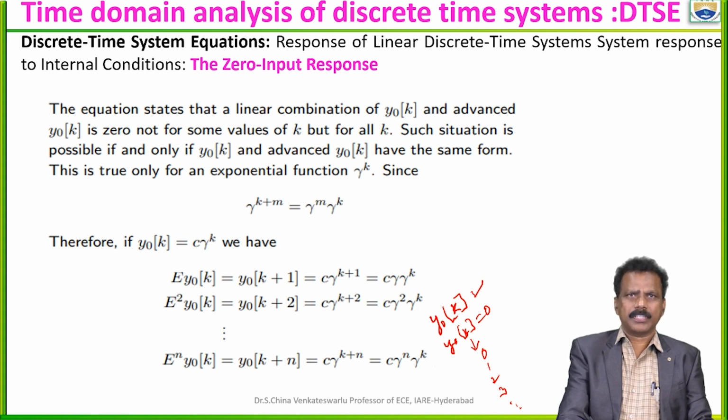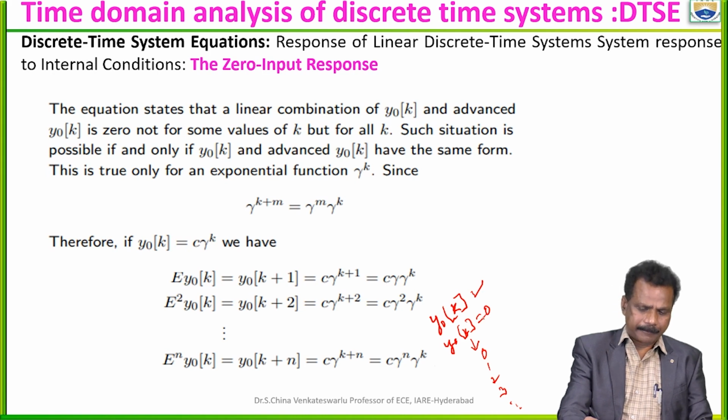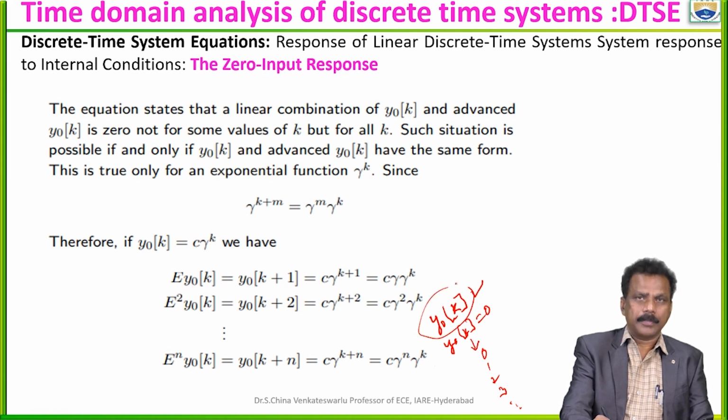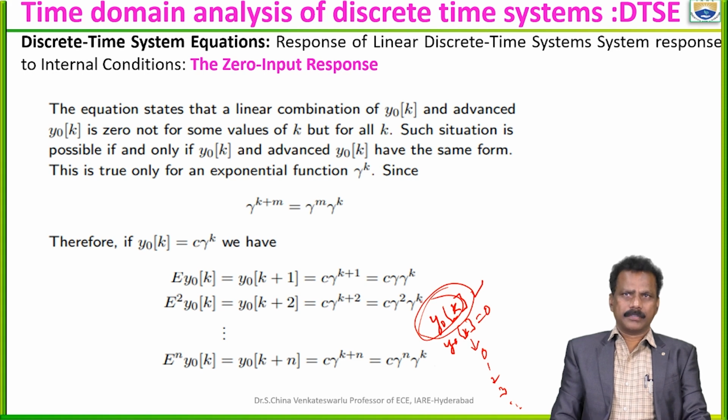Such a situation is possible if and only if y naught of k and advanced y naught of k have the same form. This is true only for the exponential function gamma to the power k.